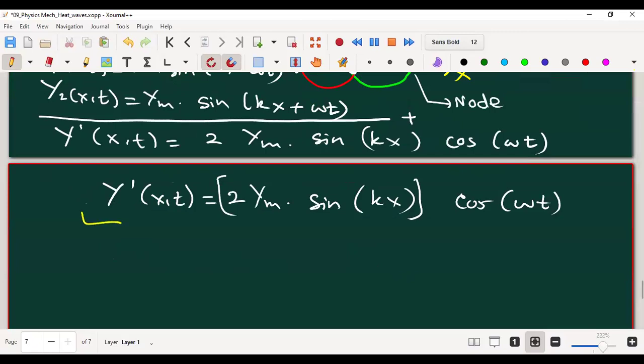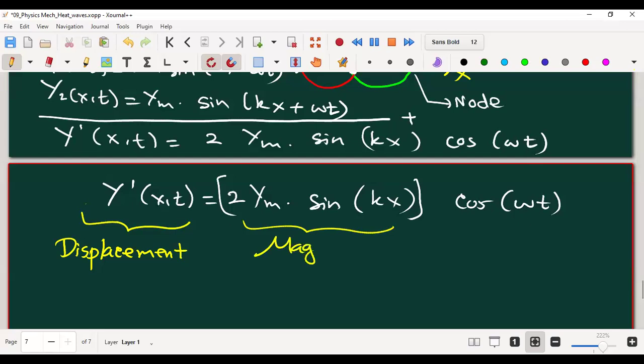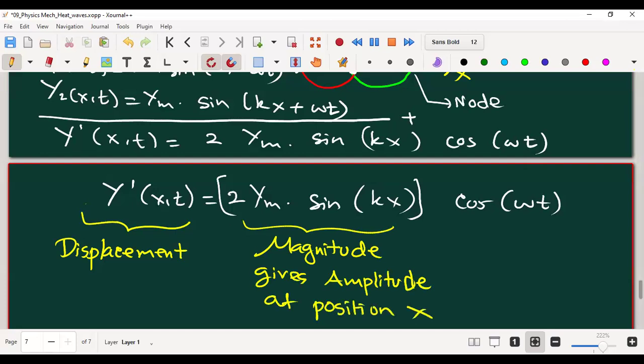This one is the magnitude of amplitude at position x. And this one is the oscillation term.